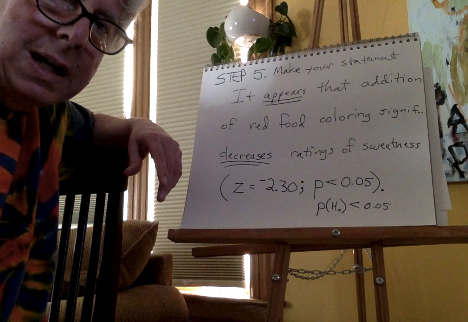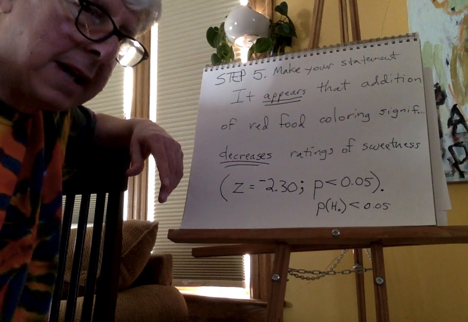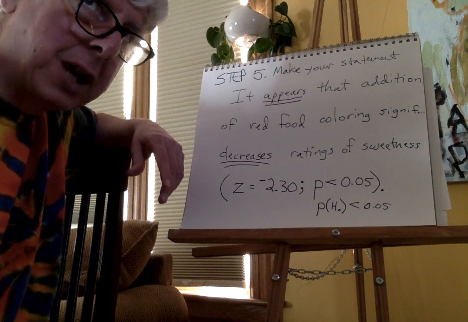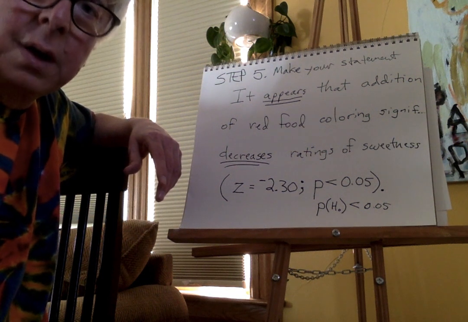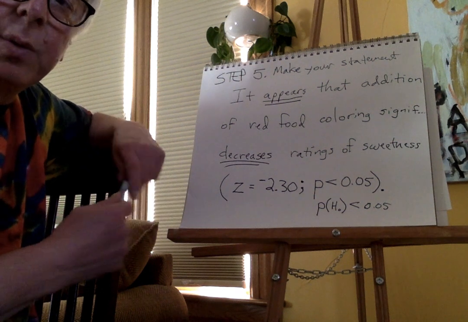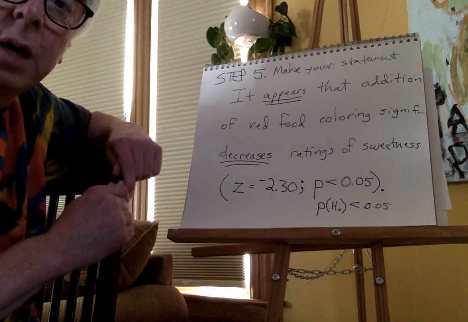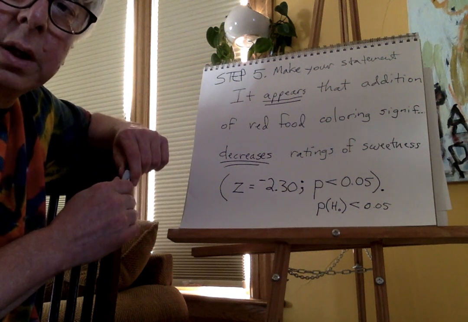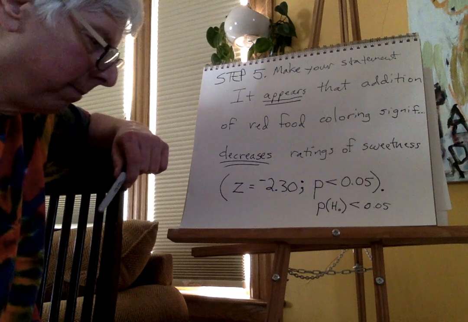It has to be about the null. You either reject the null or you fail to reject the null. And then step 5 is your report. This is how you're going to report out your data in your journal article or in a presentation at a conference or something like that.